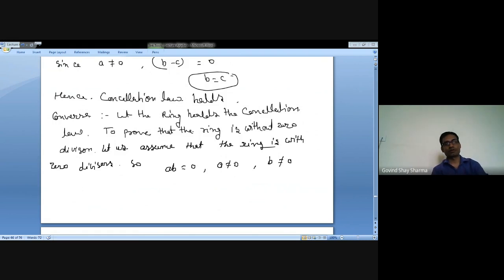Okay. Now AB is equal to 0. That implies A times B is equal to A times 0, and we can write it like that.